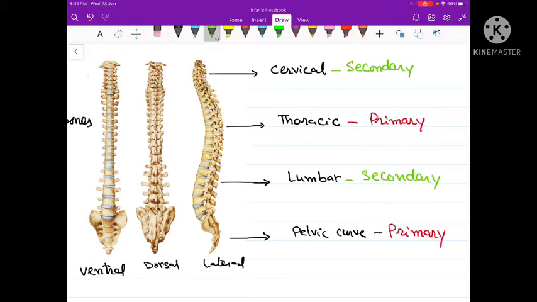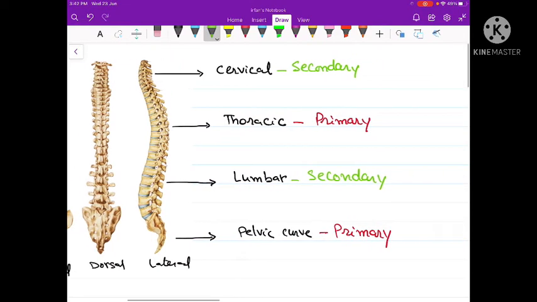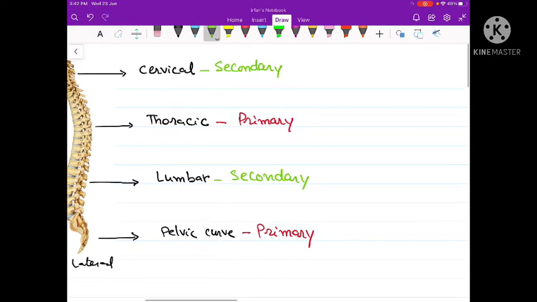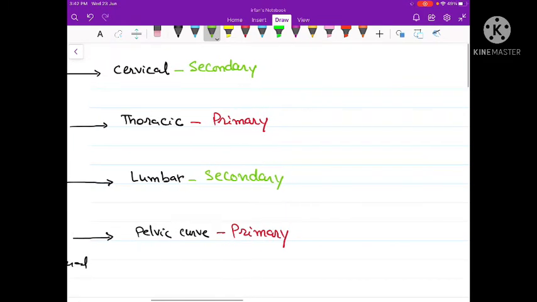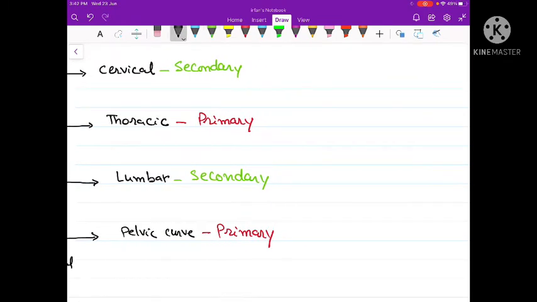Now these secondary curves develop because of bipedal locomotion. These curves ensure that the center of gravity remains in the pelvic portion, and we are able to perform bipedal locomotion. Therefore, in the case of quadrupeds, which walk on all 4 limbs, secondary curves are absent.